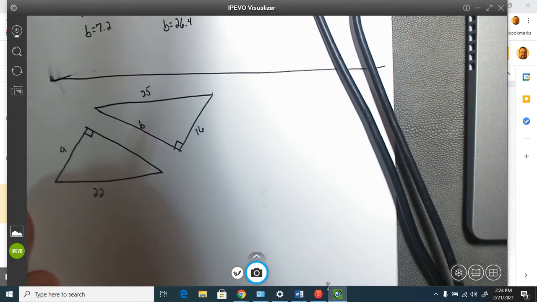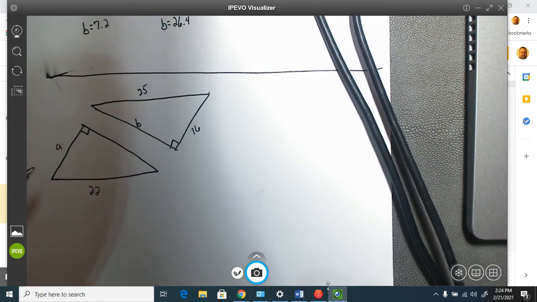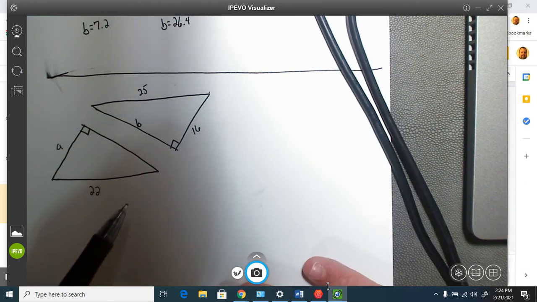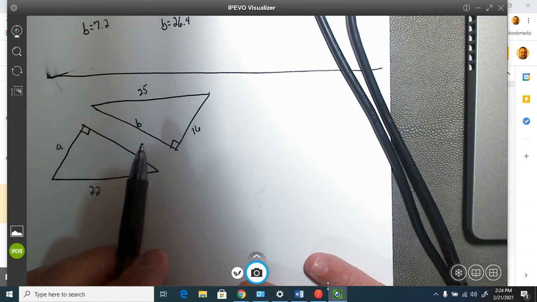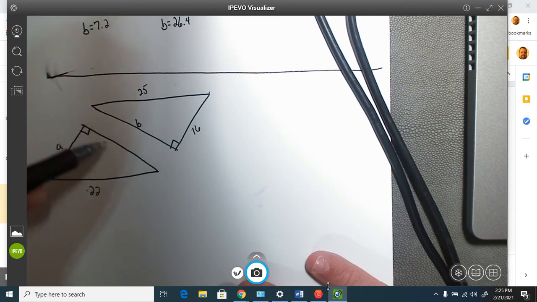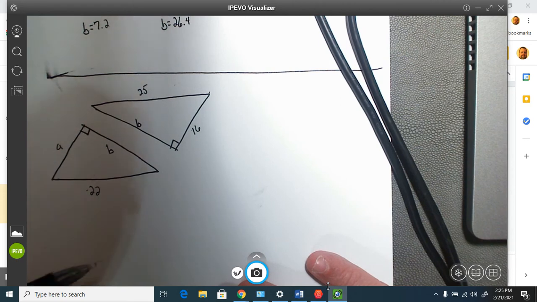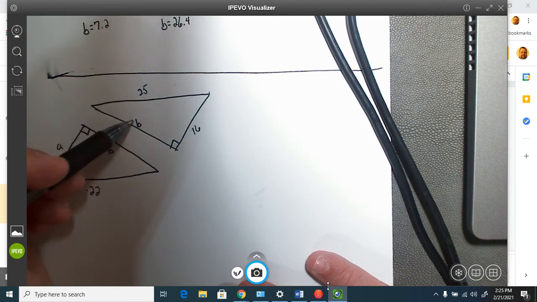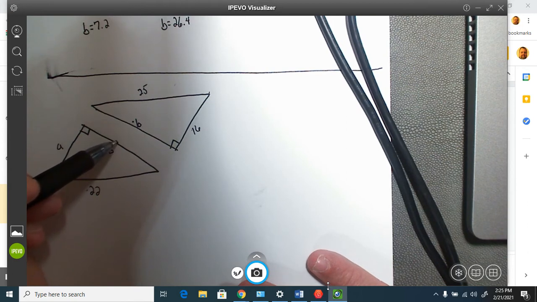Now, what I've done here is I've split the triangles apart. I need at least two sides to find the third. The problem down here is I only have one piece of information. But since I split this part, I know that this is B. So if I find this, then that's the length I need here.